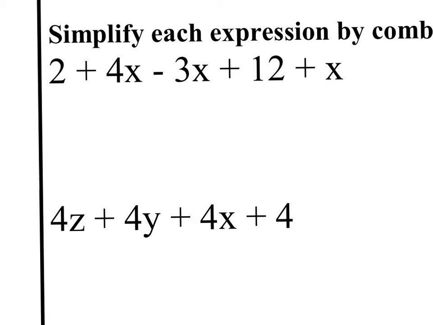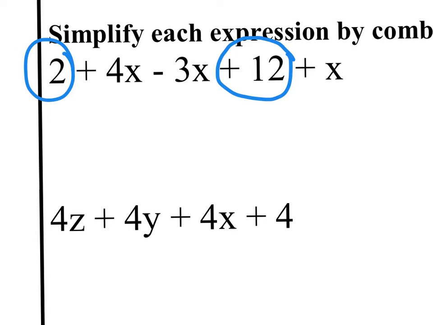Let's see. What's a like term? I'm going to ask, Francesca, what's a like term to 2? 12. Okay, so I'm going to circle 2. I'm also circling the plus 12. When I say take the sign in front, I'm going to circle what's to the left of it. So 2 and positive 12 are like terms. See how I marked those?